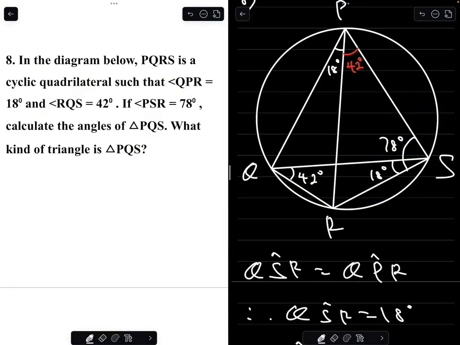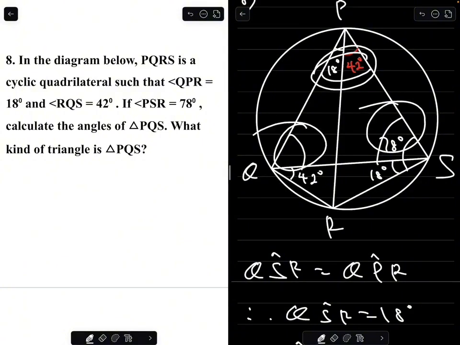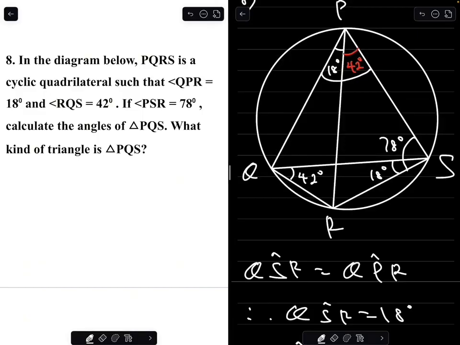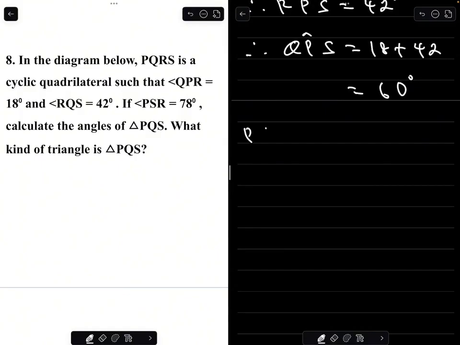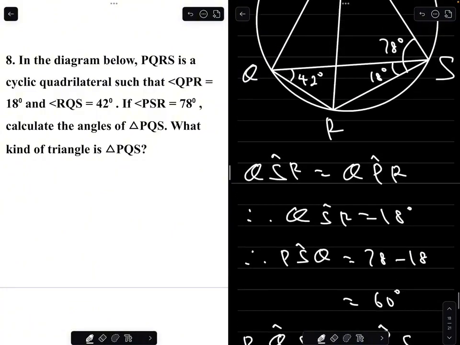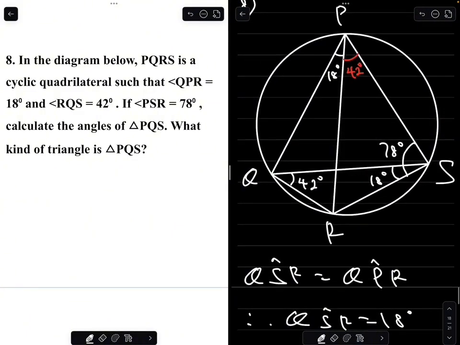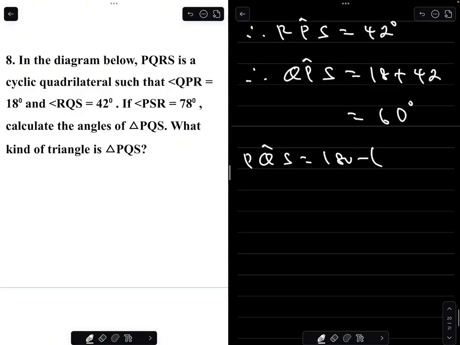Now that we already know two of the angles of a triangle, we can find the last one. We know this one is 60, and this is also 60 degrees. That means this will be 180 minus 60 plus 60, which is 120, and this one will be 180 minus 120. So angle PQS is equal to 180 minus angle QPS plus angle PSQ.